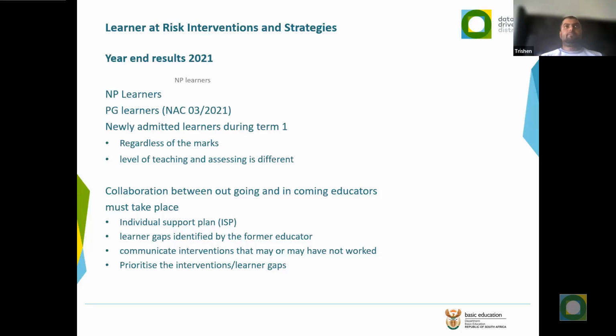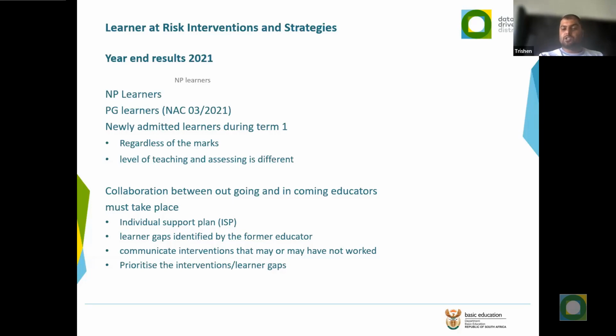With that also, it's important to have evidence of your intervention strategies. The HOD, if they are monitoring the teacher, needs to monitor the progress of the learner, but also needs to monitor the implementation of those strategies by the teacher. So there needs to be evidence of that intervention strategy.